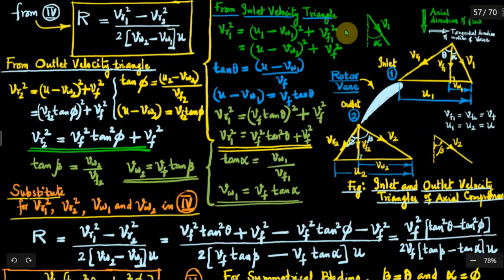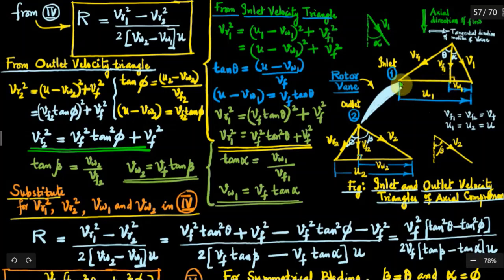From the inlet velocity triangle, for VR1 square, please consider the right triangle on the left side. VR1 is the hypotenuse. So use Pythagoras theorem: hypotenuse square is equal to base square plus altitude square. The altitude is VF1. And the base? The total base is U1, minus the right side portion which is VW1.